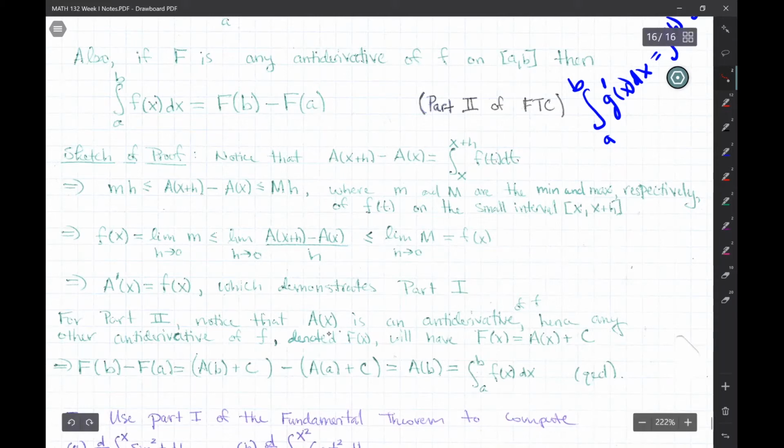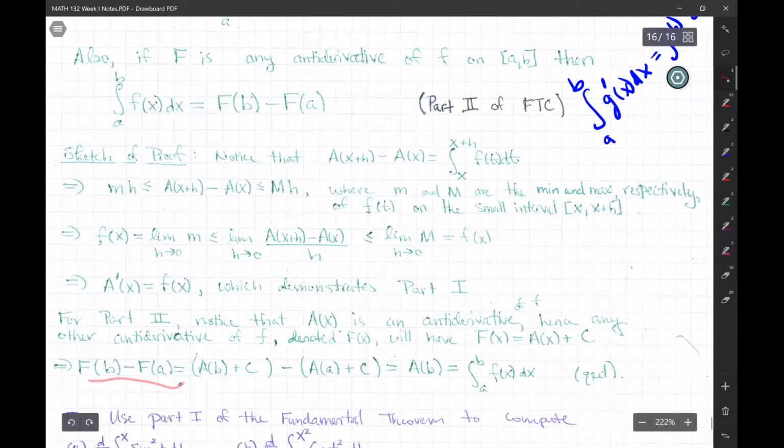For the second part, we see from the first part that A of x is actually an antiderivative of lowercase f. Okay, so A of x is an antiderivative, and because it's an antiderivative, any other antiderivative will differ by at most a constant. We've discussed that in a previous theorem.